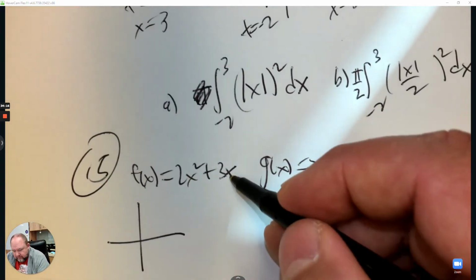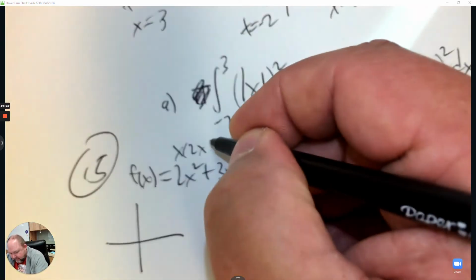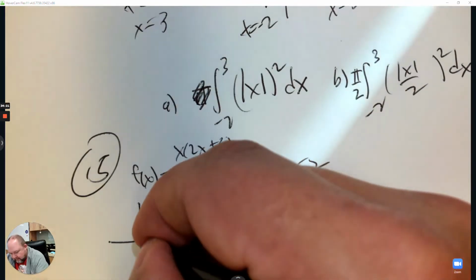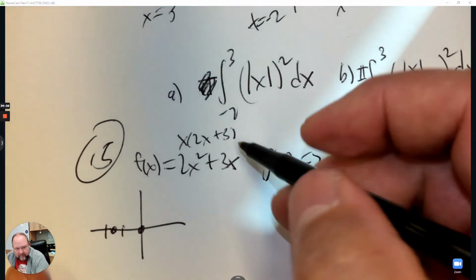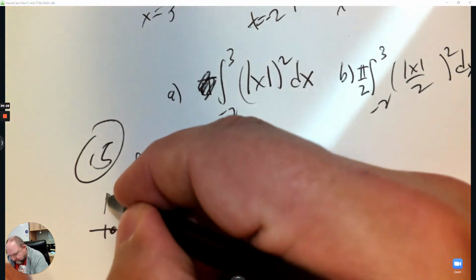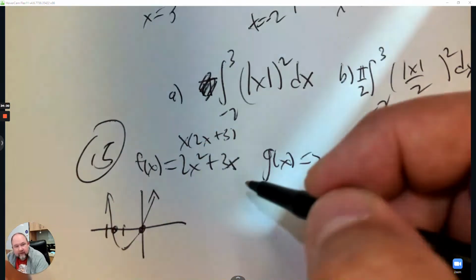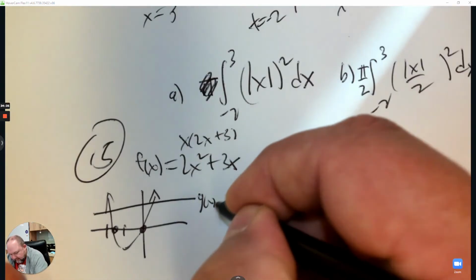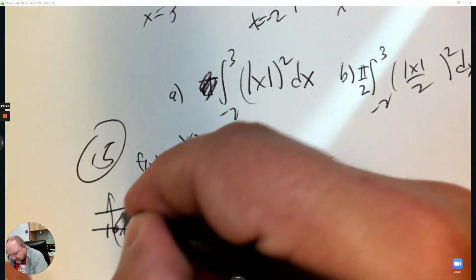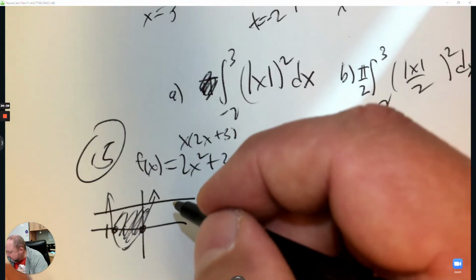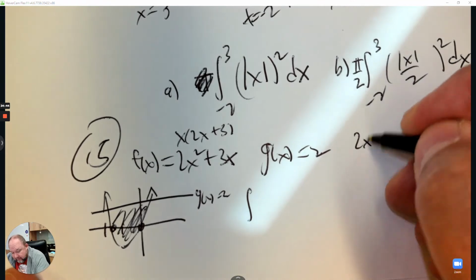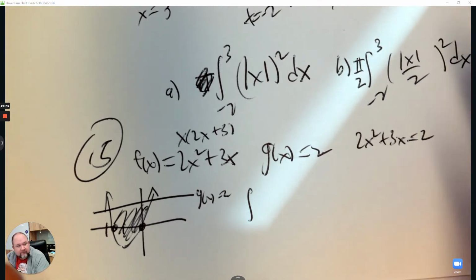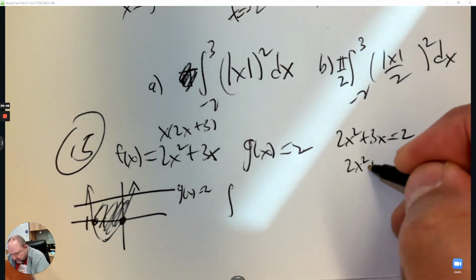So 2x squared plus 3x, if I factor out an x, 0 and negative 3 over 2 are my x-intercepts. And g at x equals 2, which is like, say this is it, horizontal line at 2. And it says, find the actual areas. So we're going to integrate. Step number 1 is we need to make it equal to each other and solve it to find the bounds.